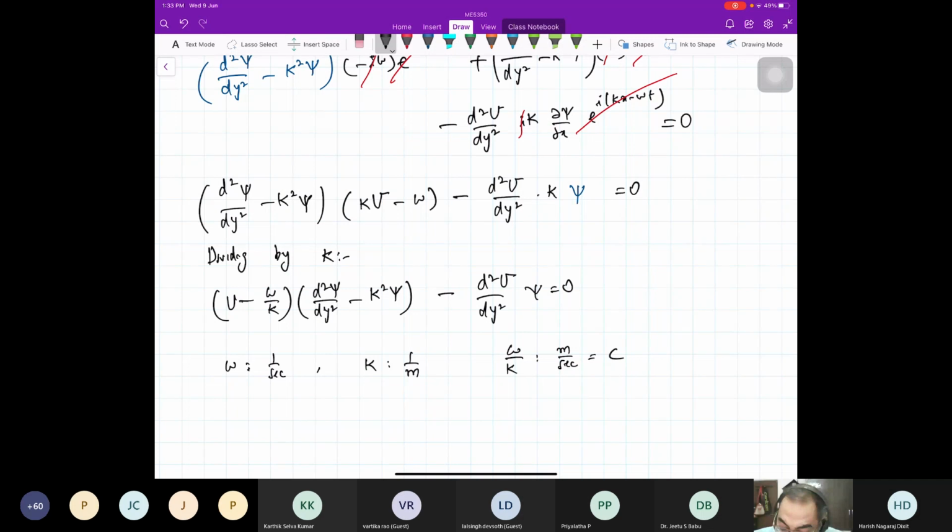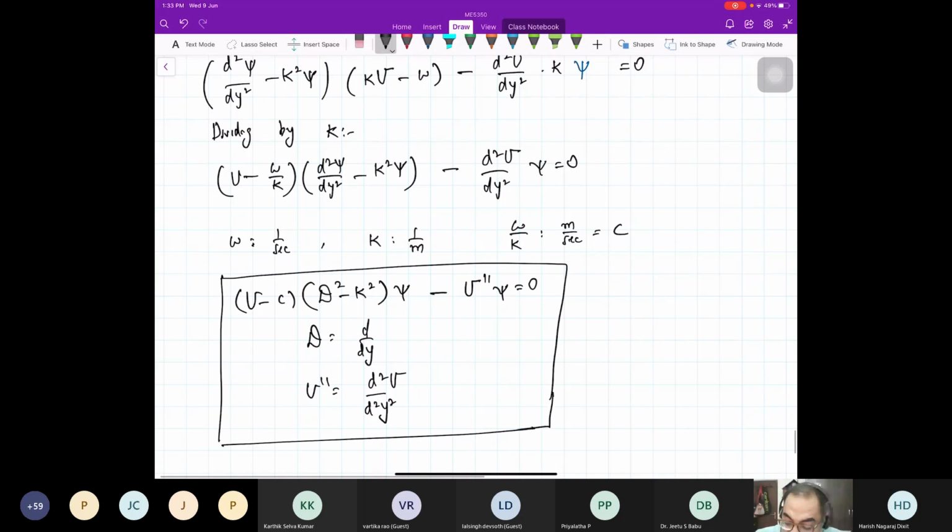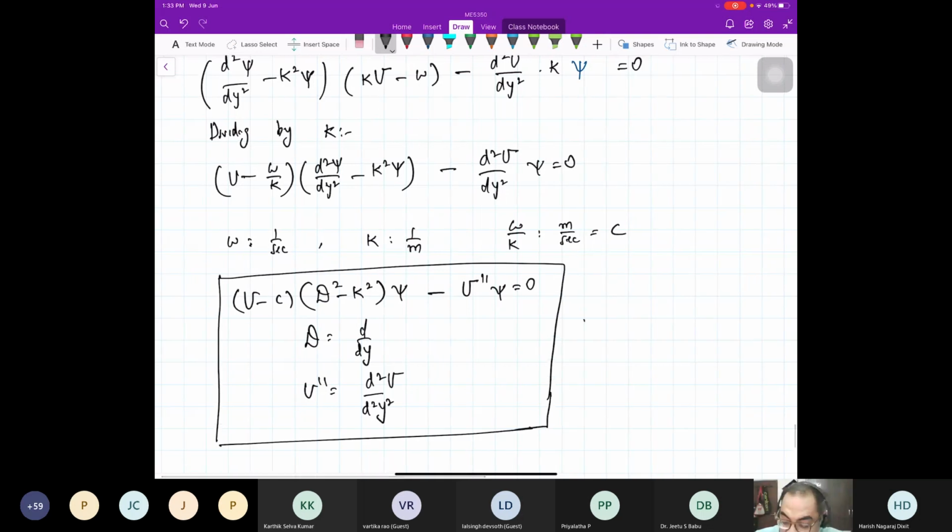We'll call it c. If I define a variable c, which is omega by k, I have u minus c times d square minus k square of psi, minus u double prime of psi is equal to 0, where d is nothing but d by dy and u double prime is nothing but d square by dy square of capital U. I've got one single equation for psi, and this is a linear ODE, because derivatives are only with respect to y.